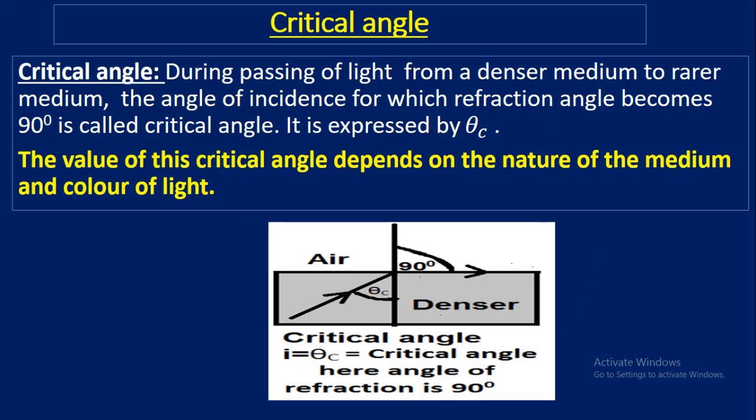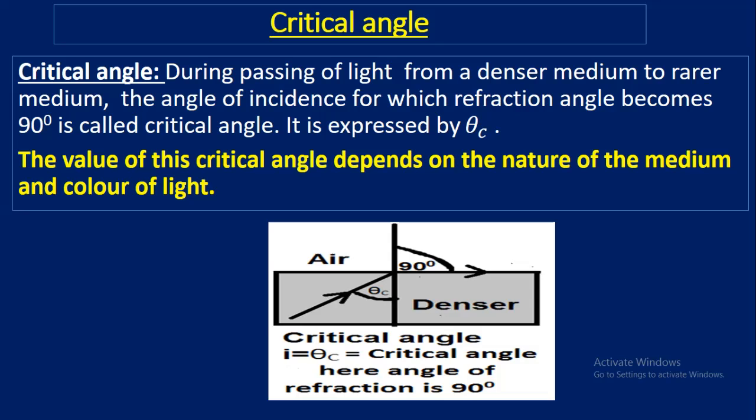Now our first topic is critical angle, and here the definition of critical angle is shown. Critical angle is denoted by theta c. During the passing of light from a denser medium to a rarer medium, the angle of incidence for which the refraction angle becomes 90 degrees is called the critical angle.